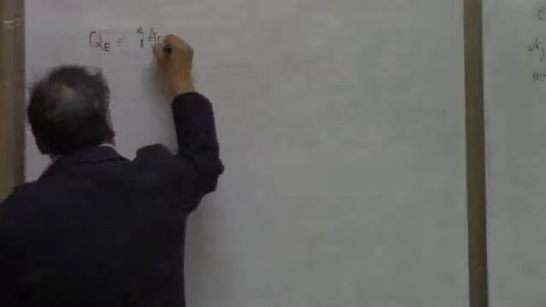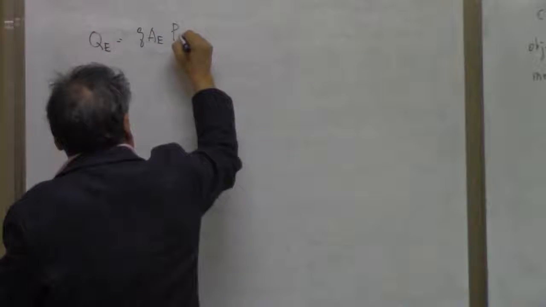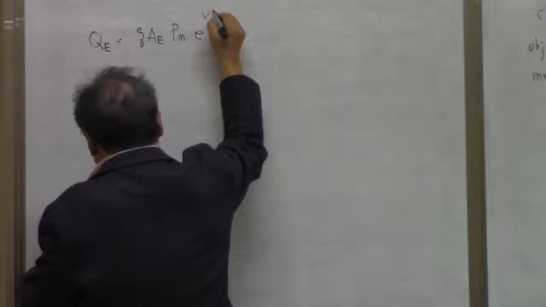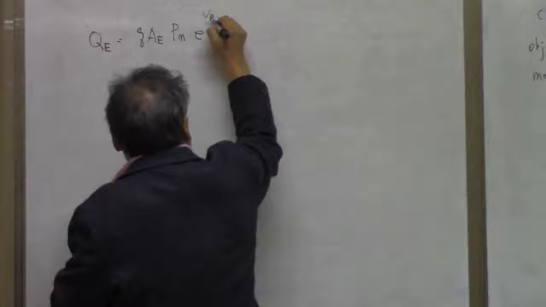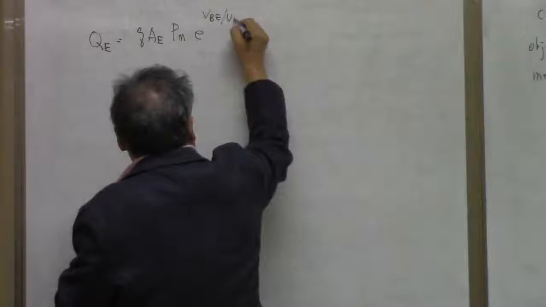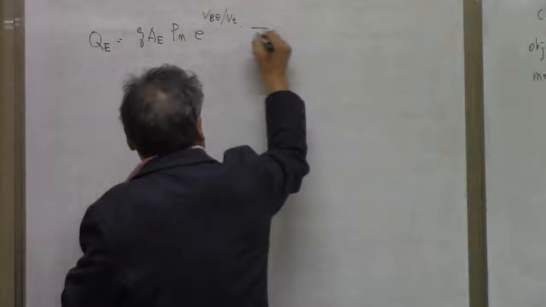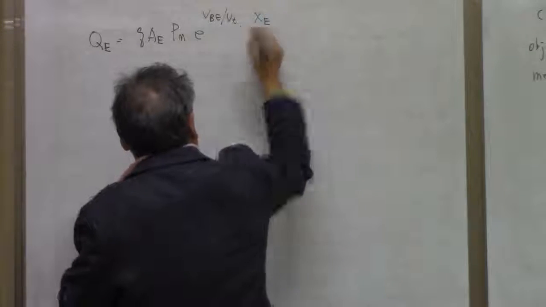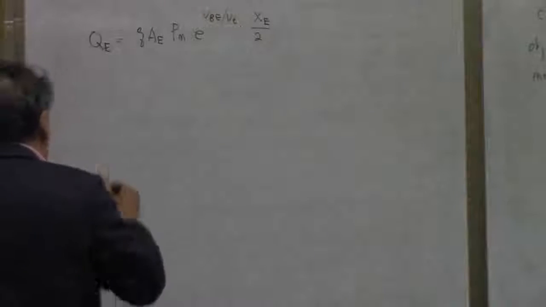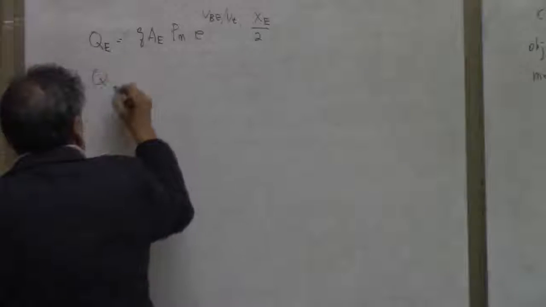The first thing is QE is QA E Pn e to the VBE over VT, something like this. That is the charge in the emitter.